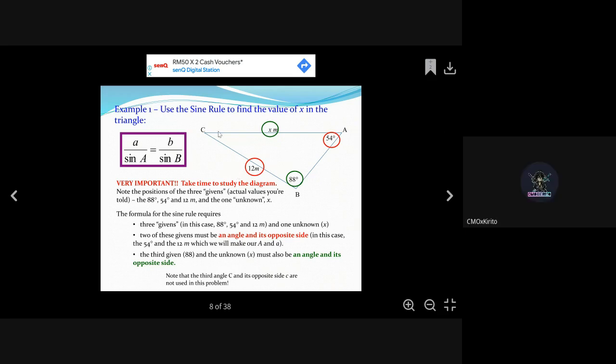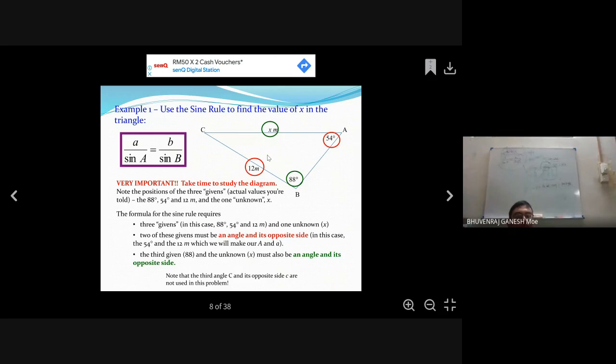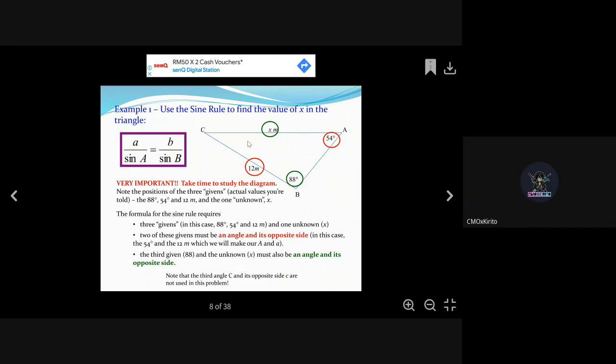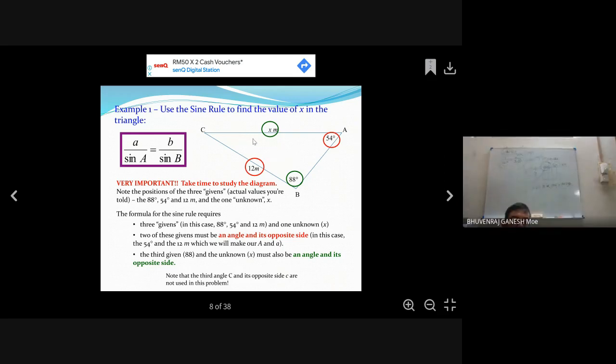The capital B will be your angle, and the small b will be your length. Correct. There is one unknown x here, so what we are going to find is this x. You see the opposite pairs: opposite length paired to opposite angle. Note that the third angle C and its opposite side c are not used.